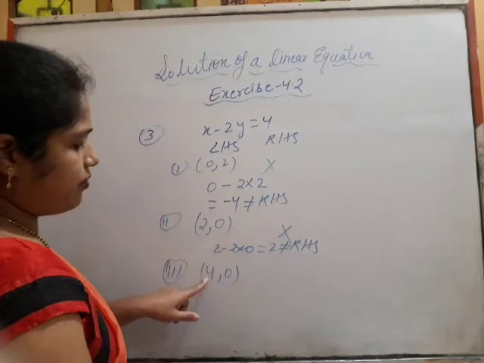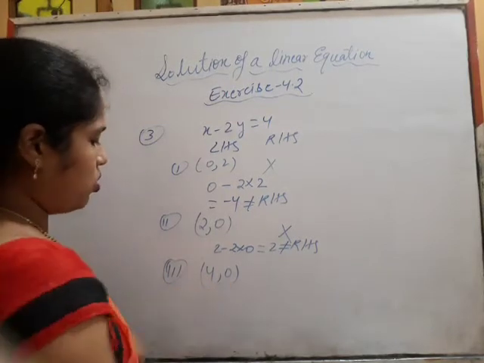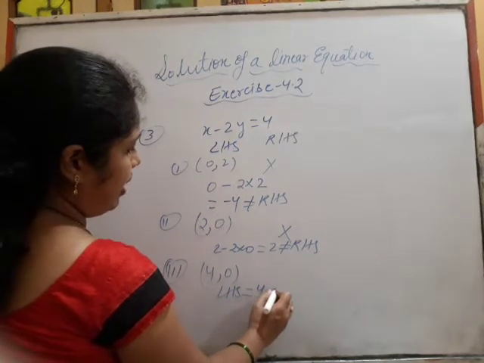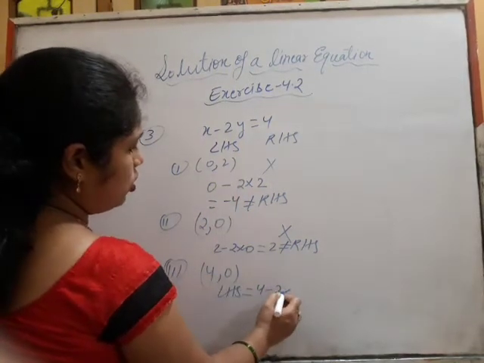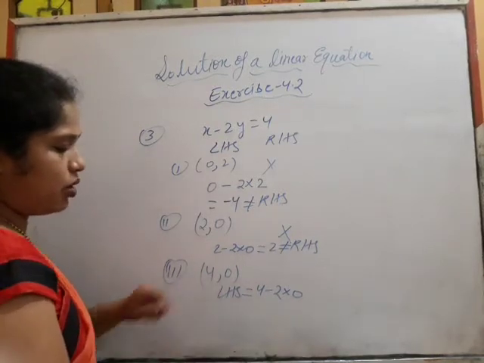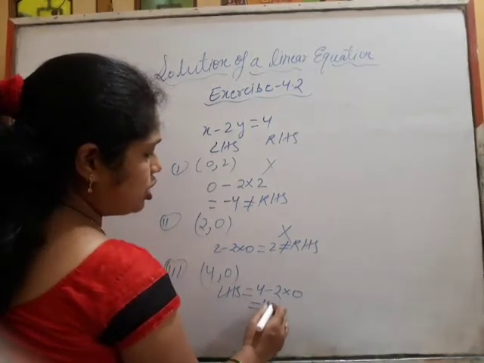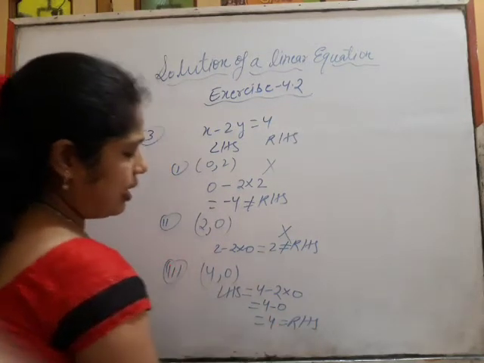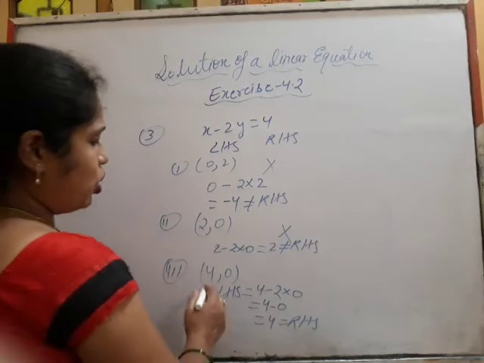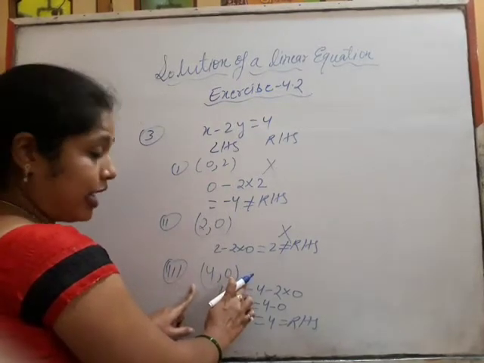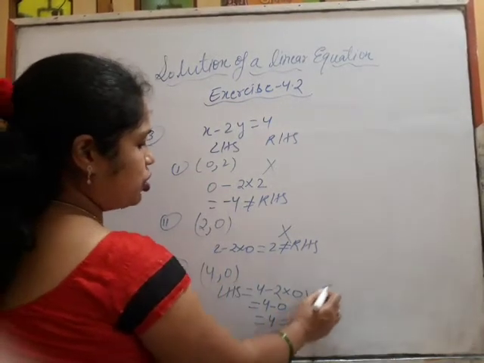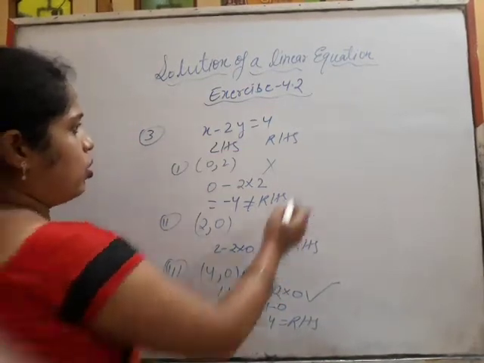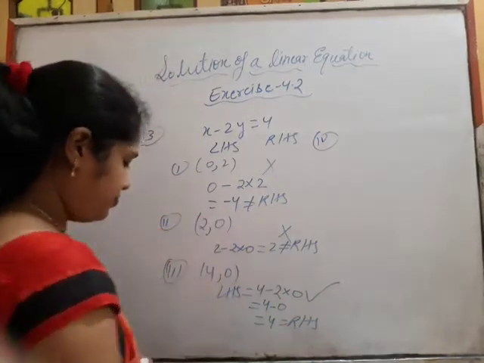The value of x is 4 and the value of y is 0. On the left hand side, 4 minus 2 into 0 is 4, which is our RHS. So this set of values of x and y is a solution of the equation x - 2y = 4.